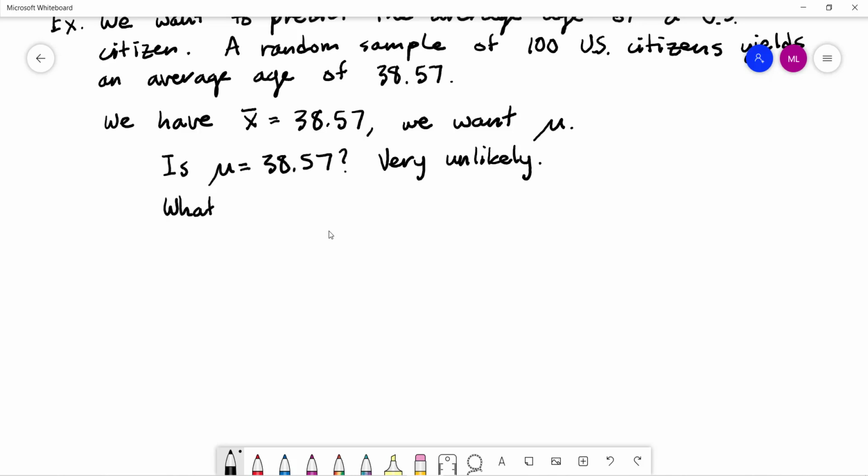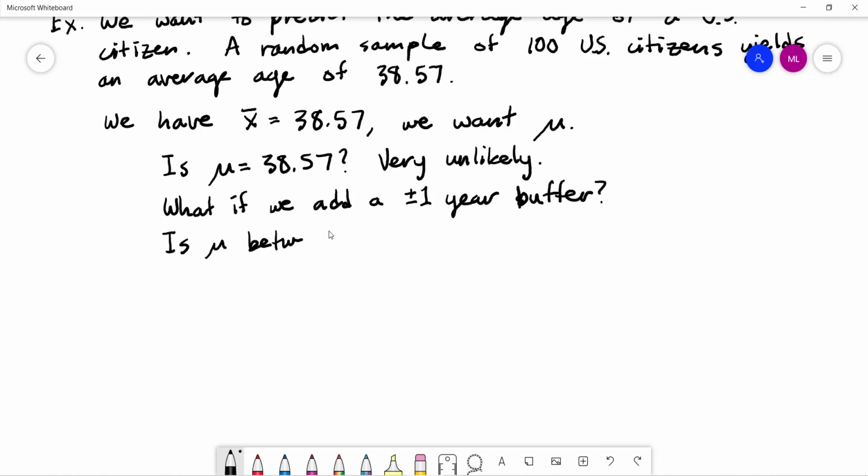So the next question is, what if we add a plus or minus 1 year buffer? So in that case, we would be saying, is mu between what two ages? So plus or minus a year from this number.